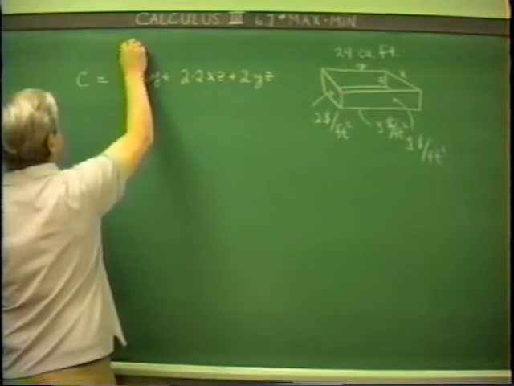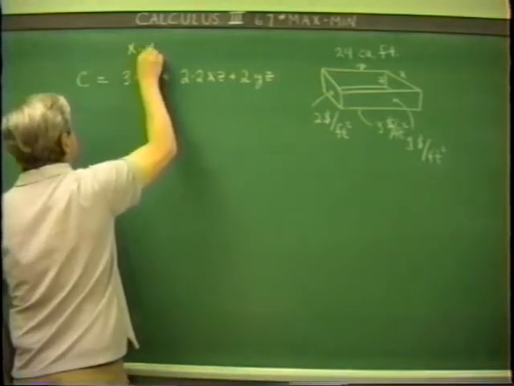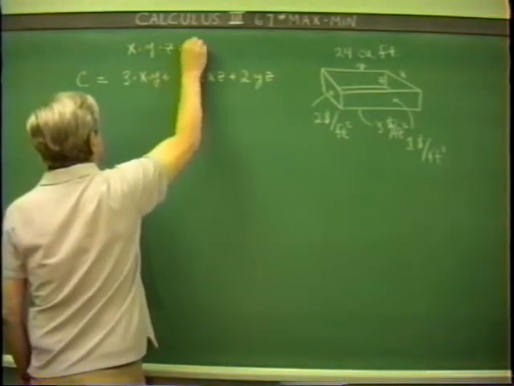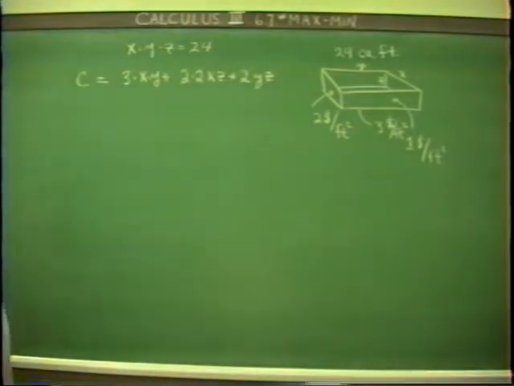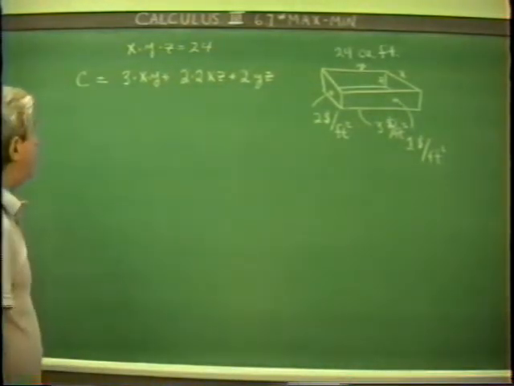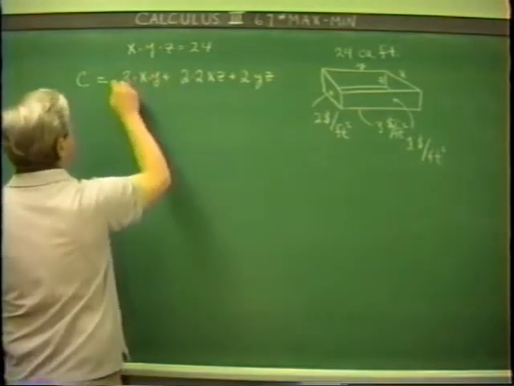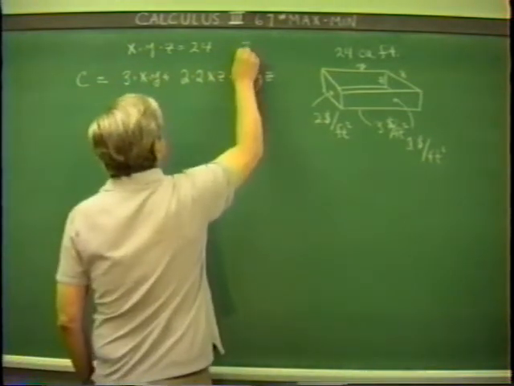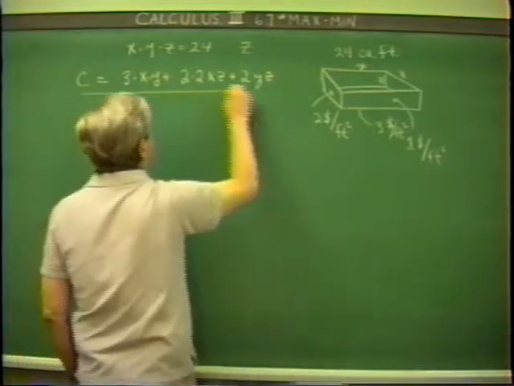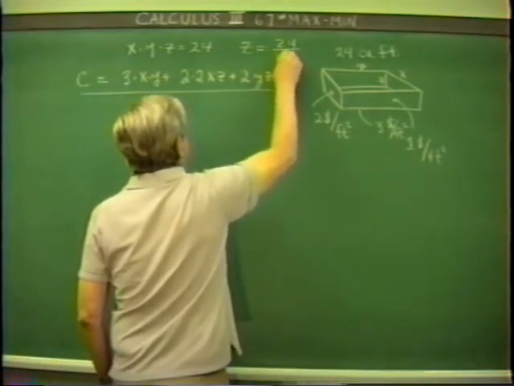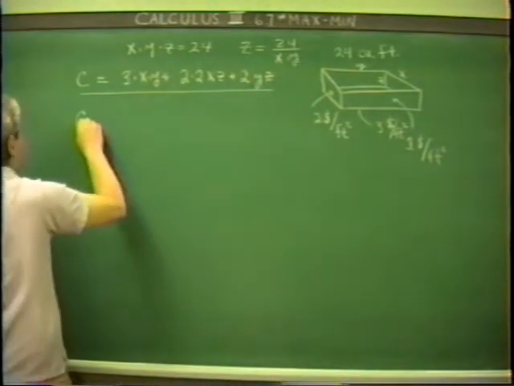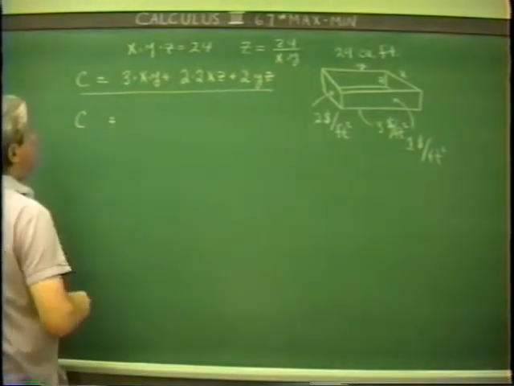Now, we also know that the volume of the box is 24 cubic feet, so we've got x times y times z is equal to 24. We want to write this with as few variables as possible, and here we can use this factor right here to remove z from this formula, because z is going to be equal to 24 over x times y.